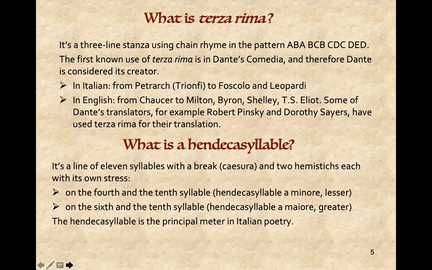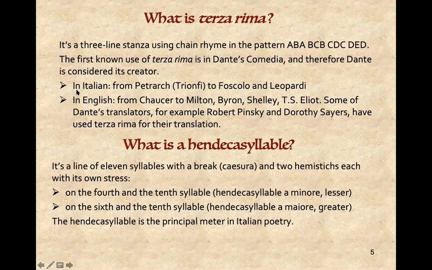So it's a stanza that uses a pattern of rhymes like so, and I will show you this in a minute a little bit more clearly. ABA, BCB, CDC, and so on. So it's an open-ended structure that you can add as many terzinas as you want, but at the same time, these are linked to one another by way of these rhymes.